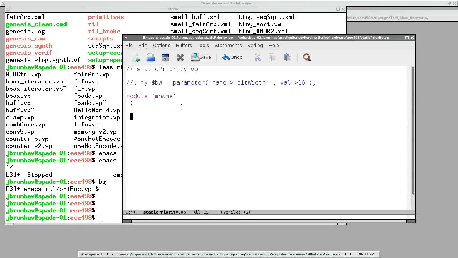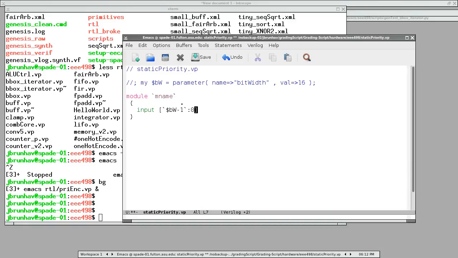And then we need our parameters. So we'll have input (0). So what the backticks do is they evaluate the Perl expression and return the string that is equivalent. So if bit width is 16, 16 minus 1 is 15.